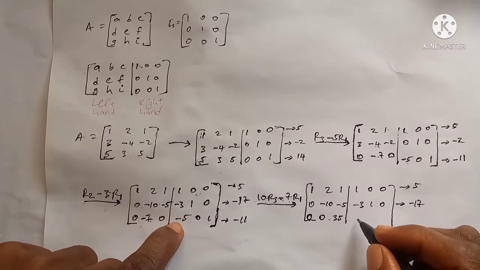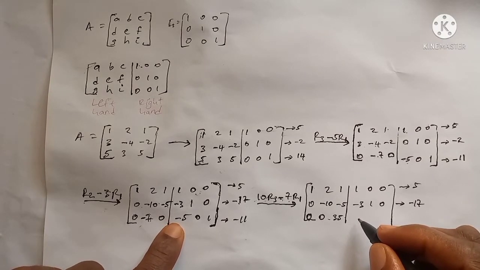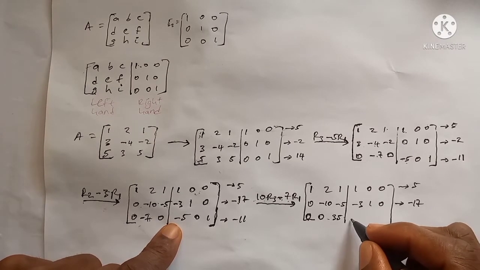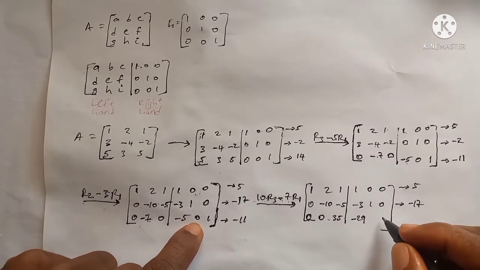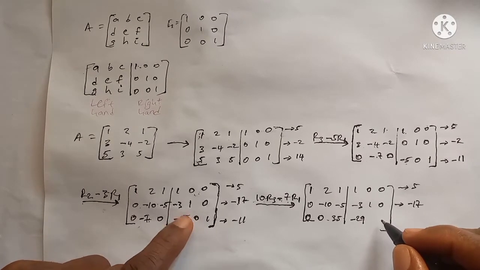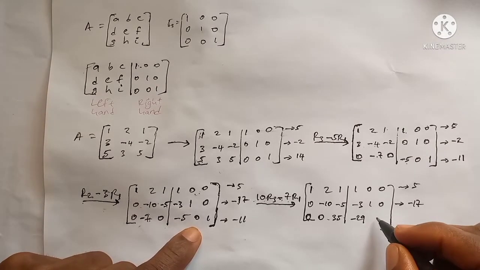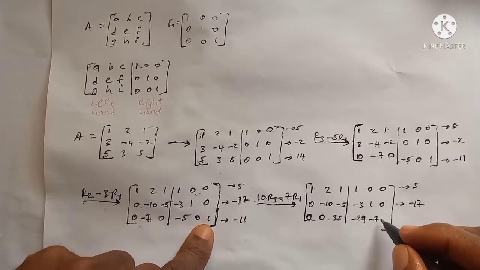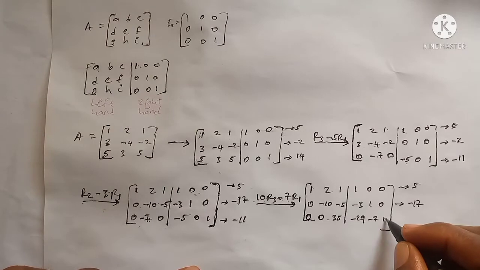And then let's perform the same operation here. Now 10 times minus 5 minus 7 times minus 3, that one will give us minus 29. And then 10 times 0 minus 7 times 1, which will give us minus 7. And then 10 times 1 minus 7 times 0, which will give us 10.